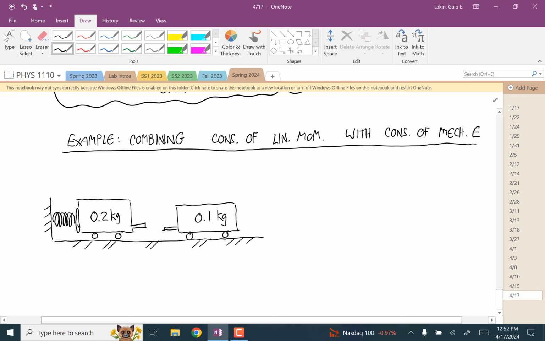And we're going to pull this spring back, let it go. It's going to launch the bigger cart. It's going to collide with the second one, and they're going to latch together, okay? So we're going to release the spring. The carts will latch together.